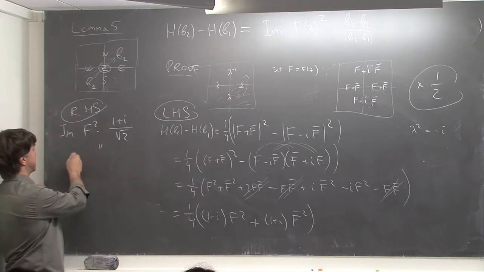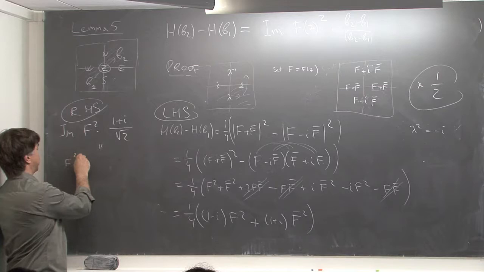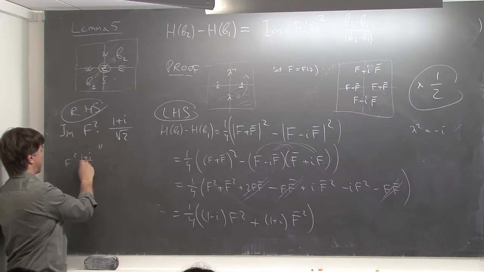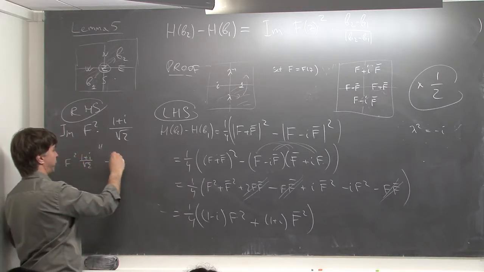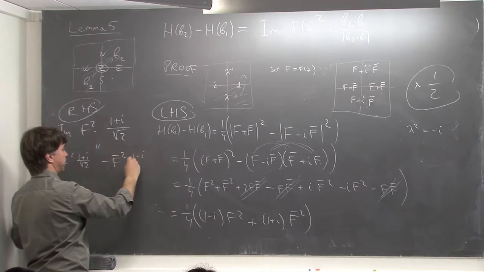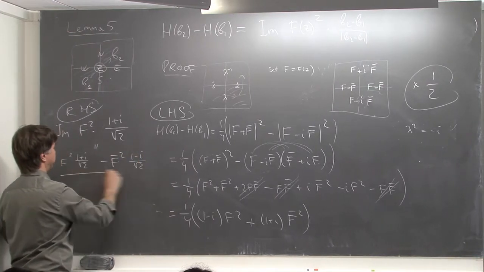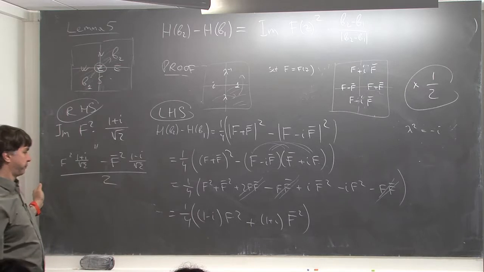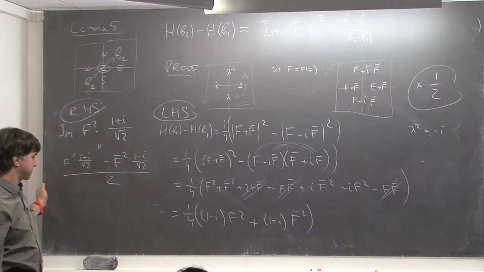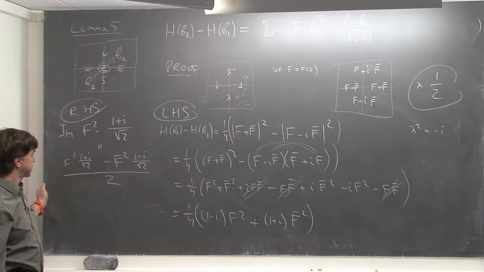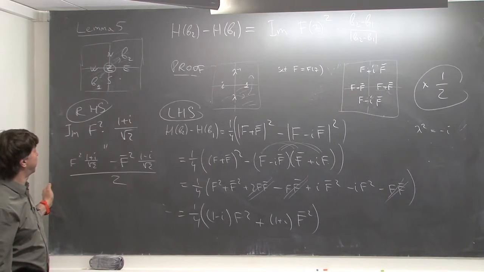So that is f squared times (1 plus I) over square root of 2 minus the complex conjugate, (1 minus I) over square root of 2, divided by 2I. And either we'll get there or we won't get there, or we'll screw it up.